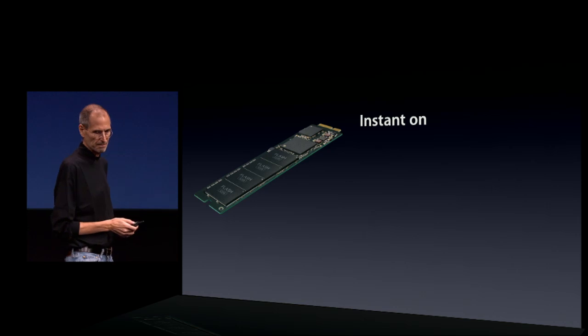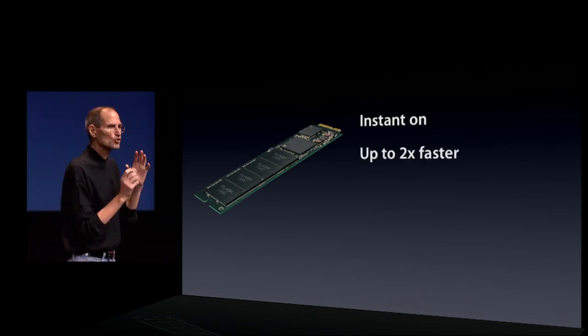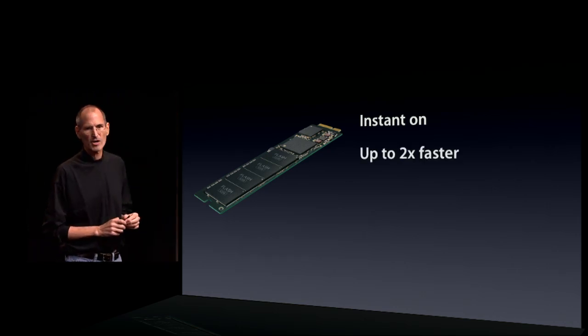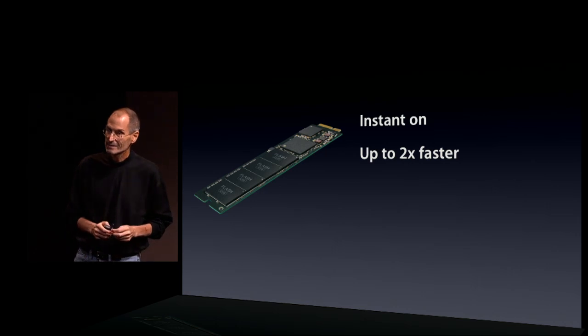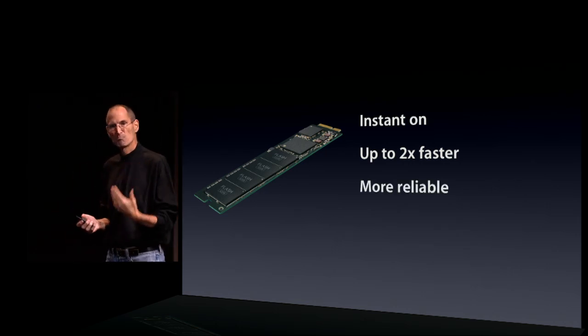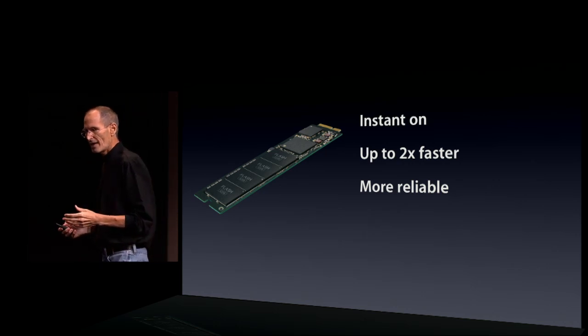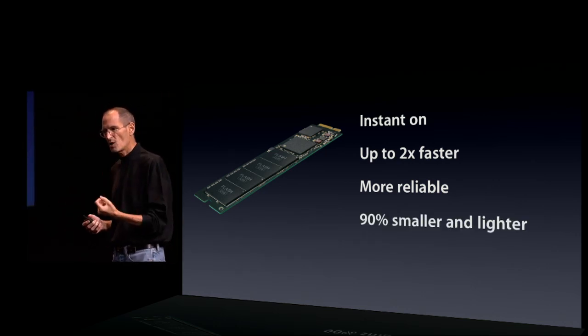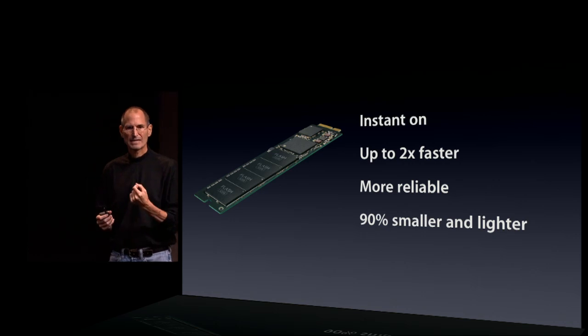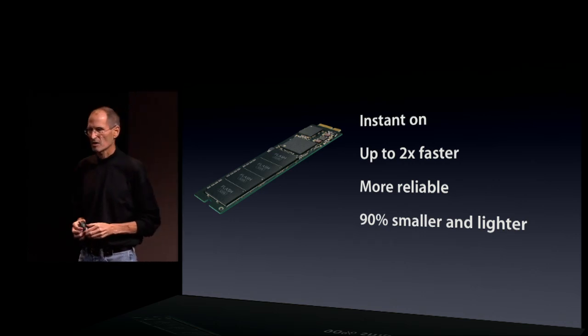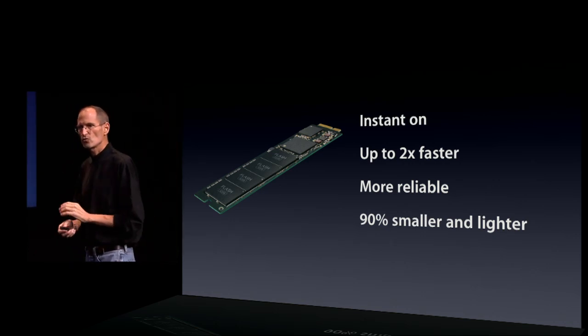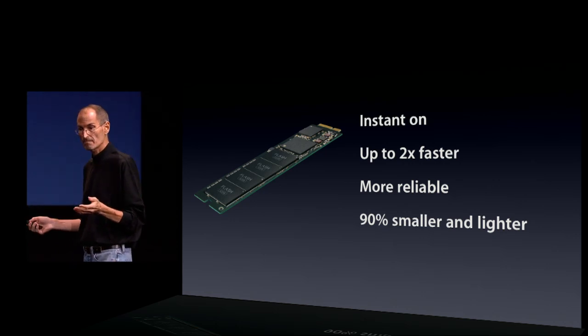Instant on. It's up to 2 times faster than hard drives. That's a lot. It's much more reliable, especially in a mobile environment. And it's 90% smaller and lighter. Again, very important in a mobile environment. It also gives you completely silent operation.